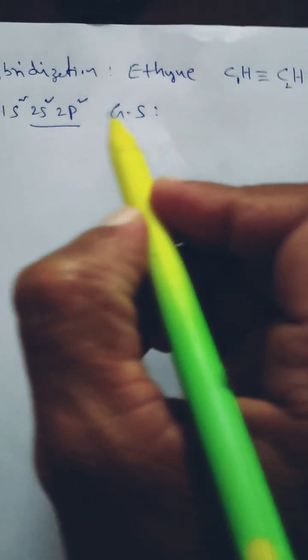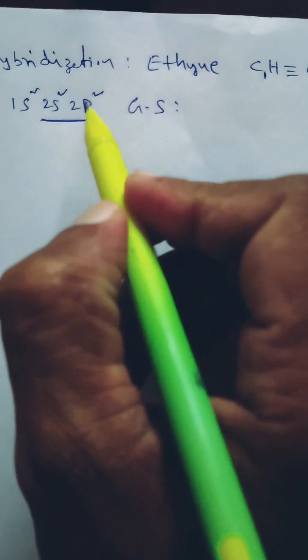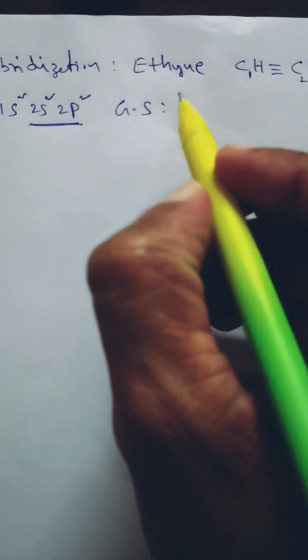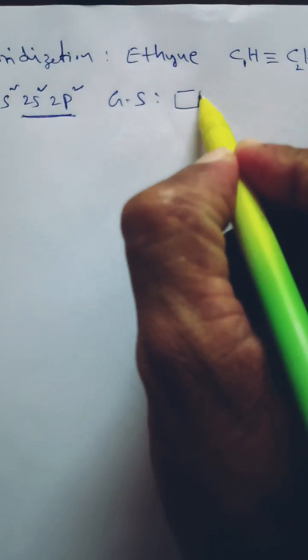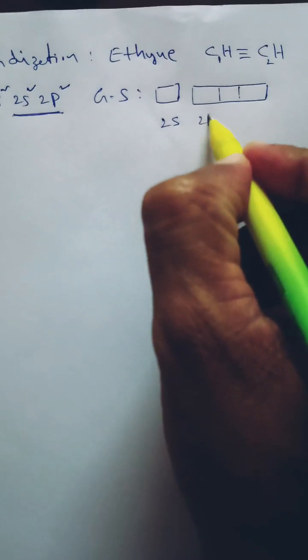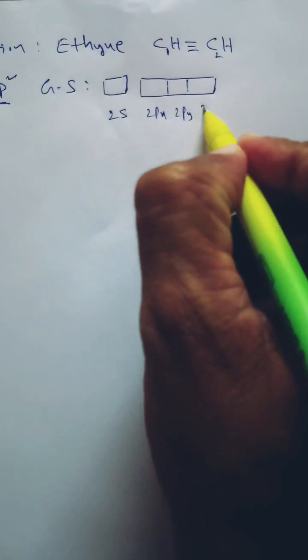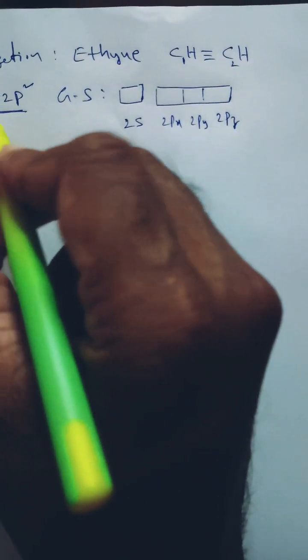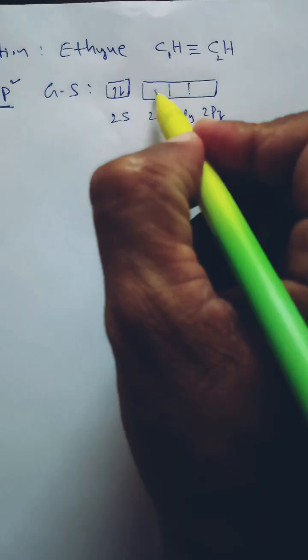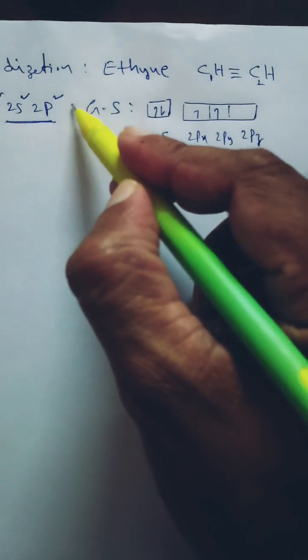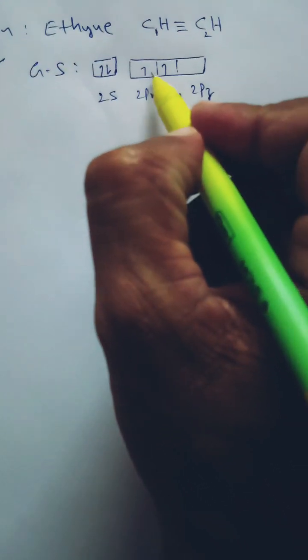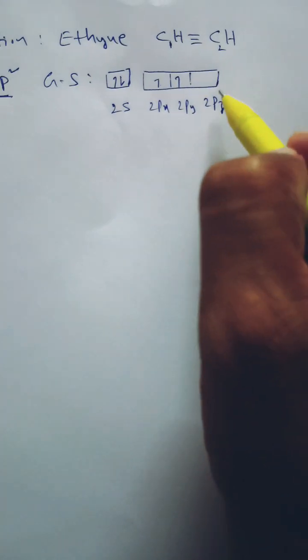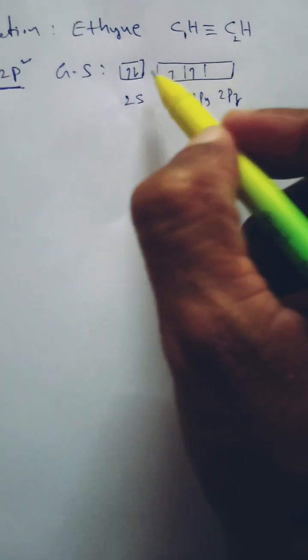In the ground state, the outermost shell electronic configuration is like this: this is 2s, this is 2px, 2py, 2pz. In 2s, 2 electrons are available, and the 2 electrons in the p orbitals are in 2px and 2py, and the 2pz orbital is empty in the ground state.